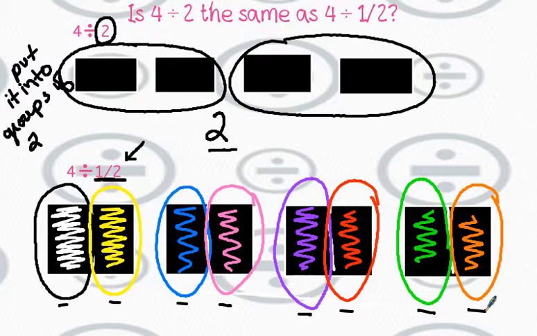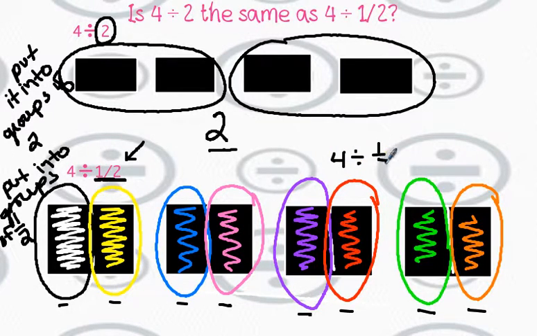So by taking 4 and putting it into groups of 1/2, I found that 4 divided by 1/2 actually gives me 8. So my number actually got bigger.